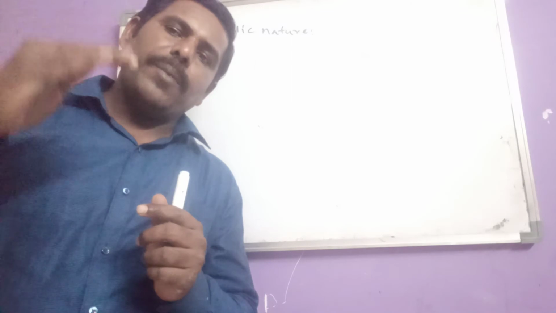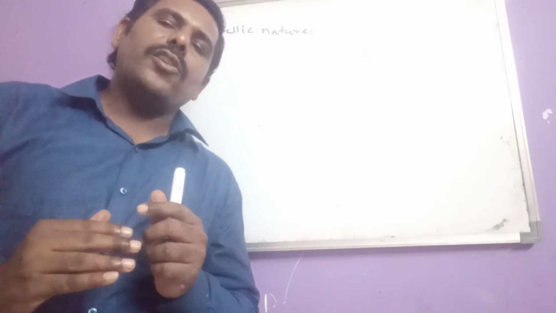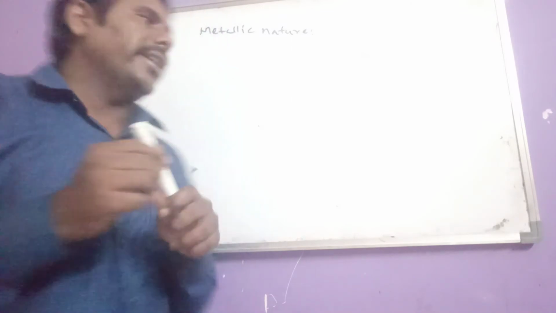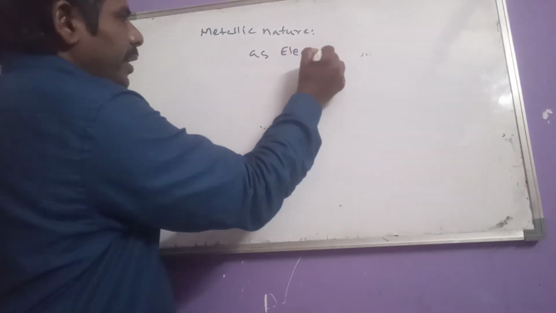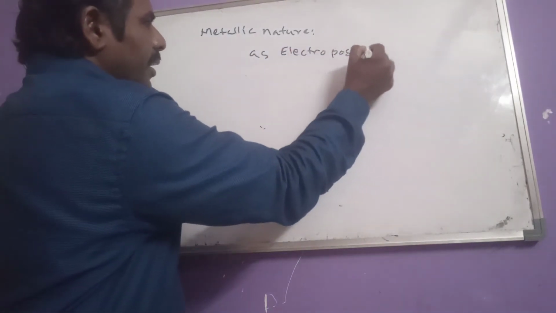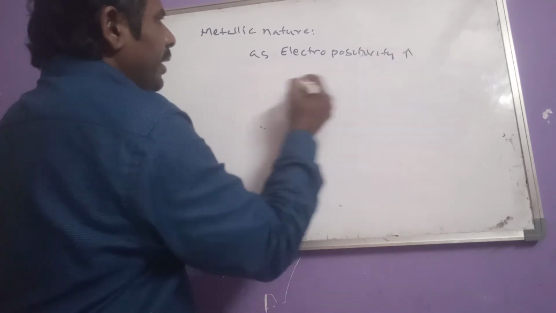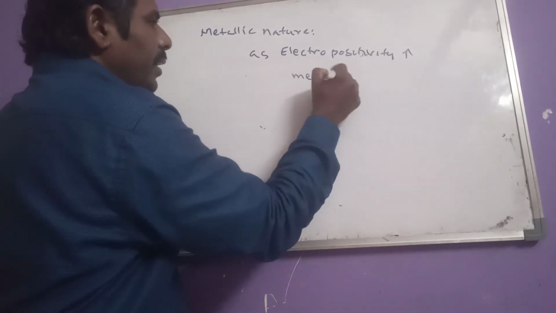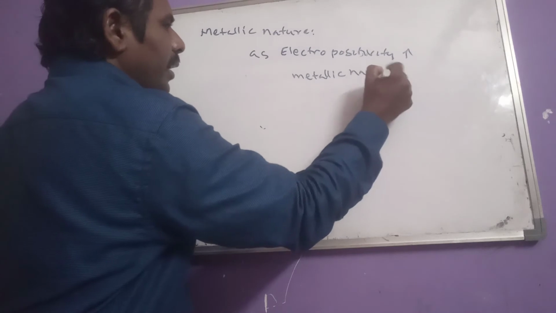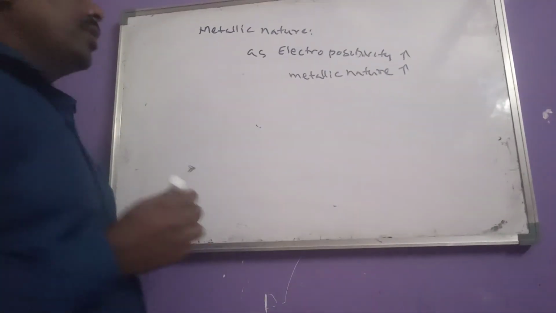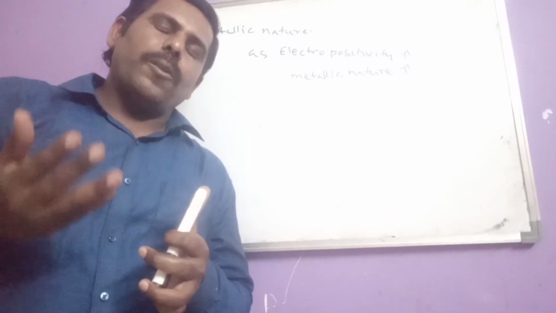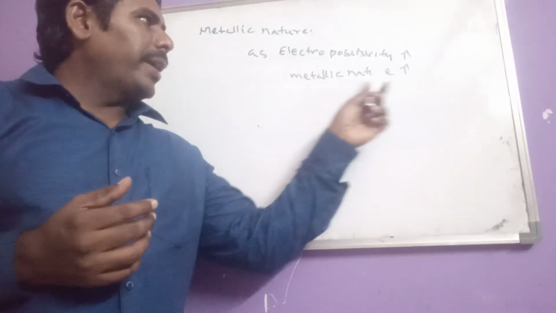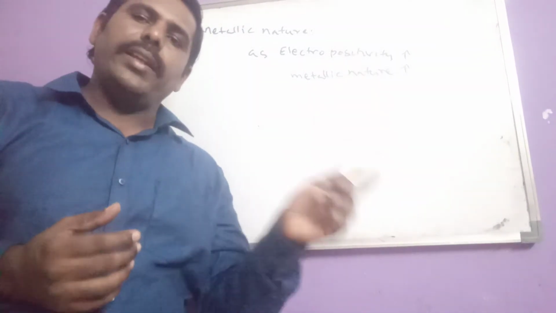In a group from top to bottom, electropositive character increases. As electropositivity increases, metallic nature also increases. So in a group from top to bottom, both electropositivity and metallic nature increase.